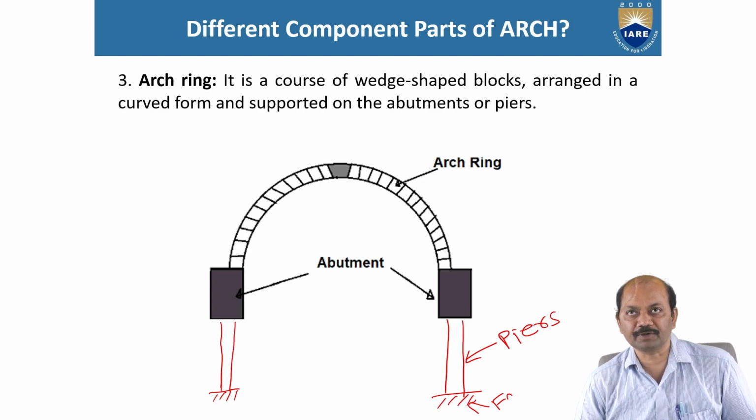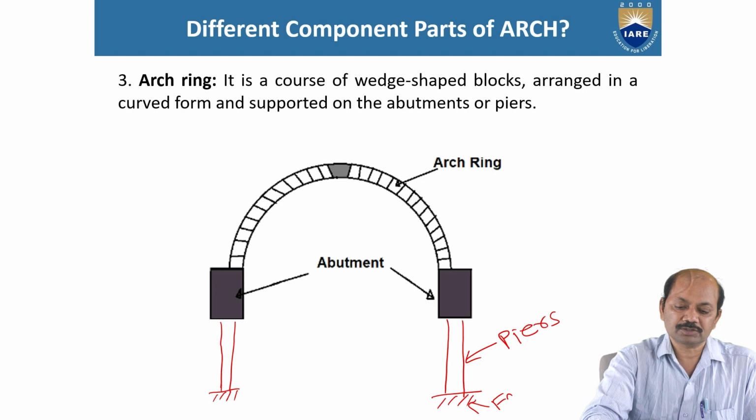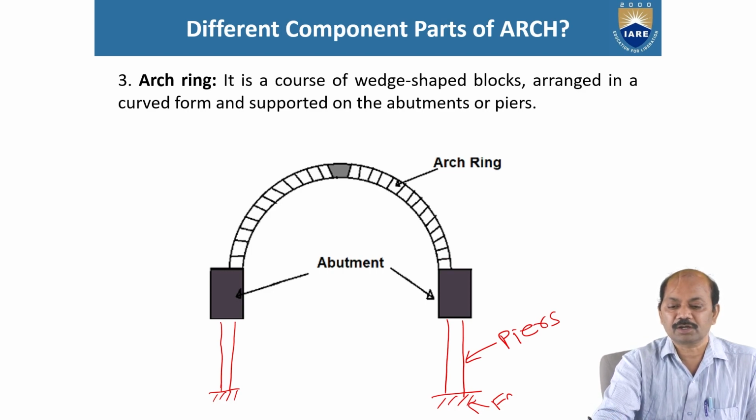Next part is the arch ring. You can see the figure. What is the arch ring? This whole curved shape is called the arch ring. It is a course of wedge-shaped blocks arranged in a curved form, and supported on abutments or piers.